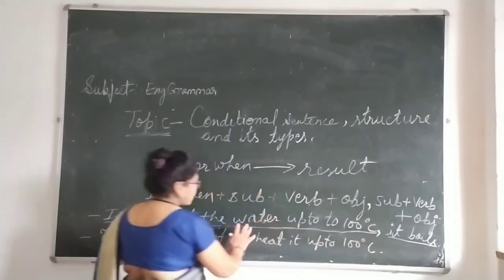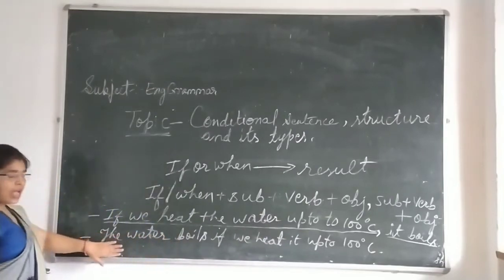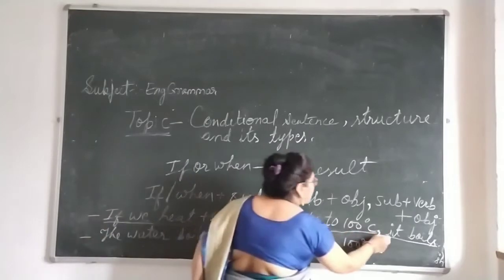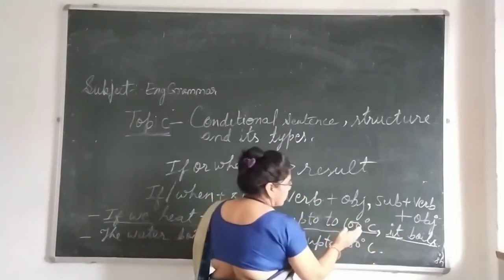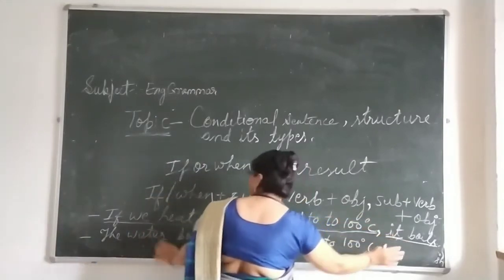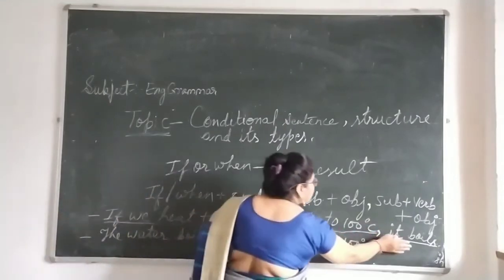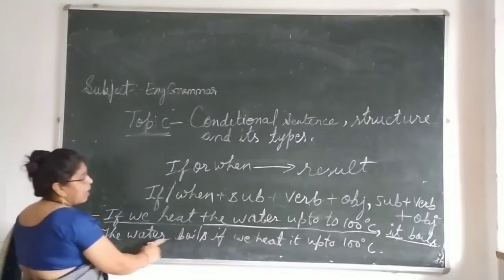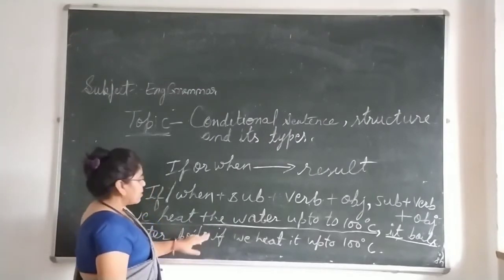And the same sentence can be written in this way also. Here I have already written here. See here. Here it refers to what? It refers to the water. We are just changing the position of the sentence. This is the second part of the sentence and this is the conditional sentence. So this part we bring it here. Suppose here the water boils. Here we have not put any comma.